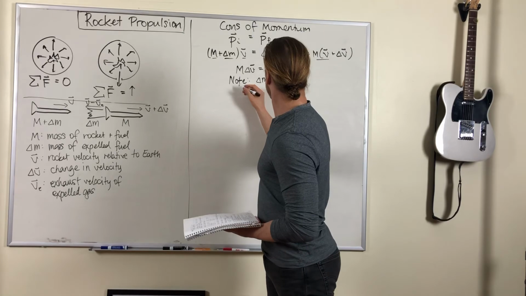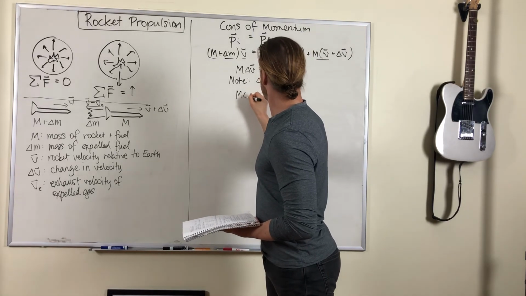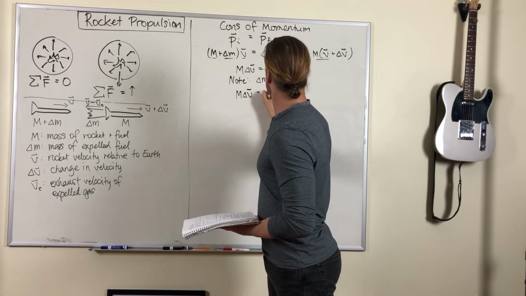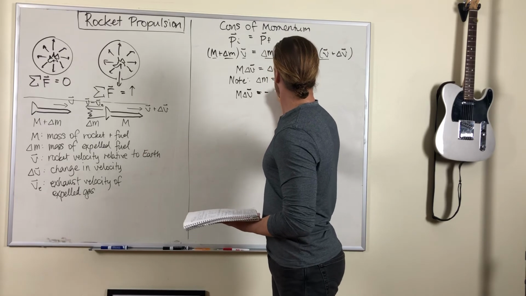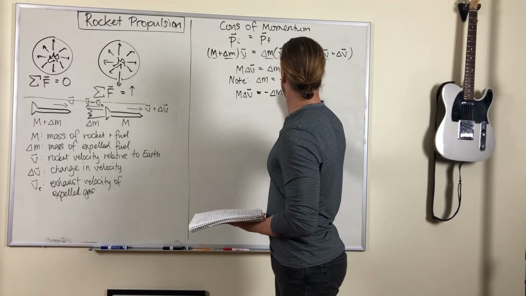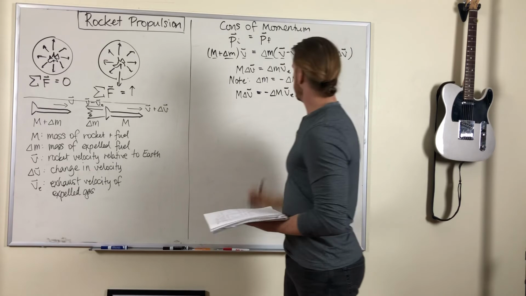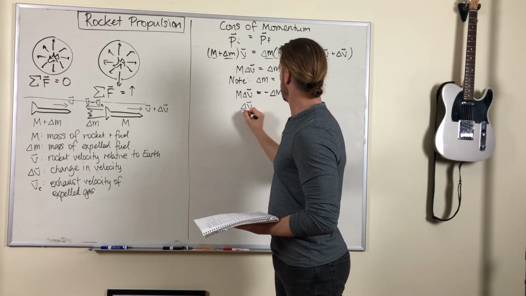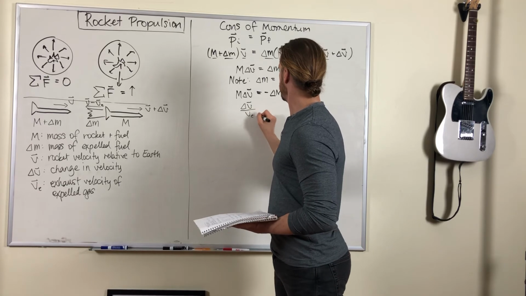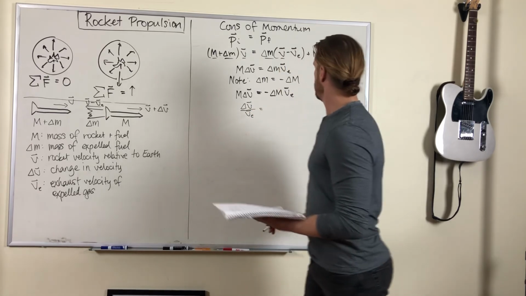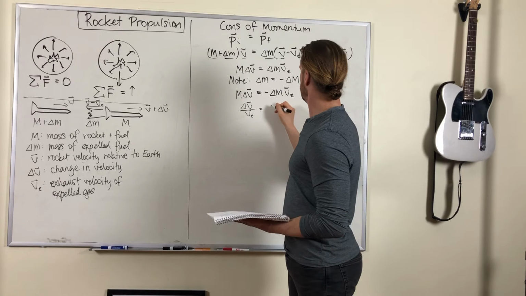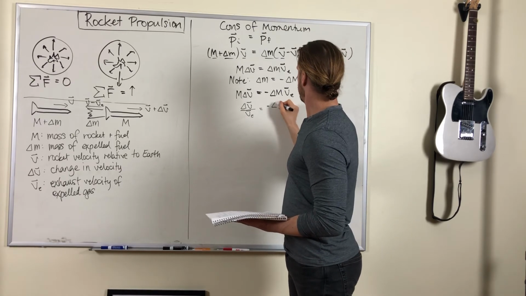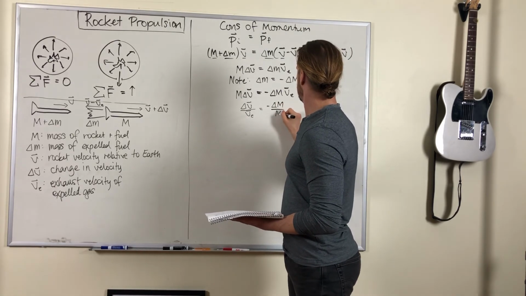So this equation looks like M delta V equals minus delta M V exhaust. And now you can write this in the form delta V over V exhaust equals minus delta M over M.